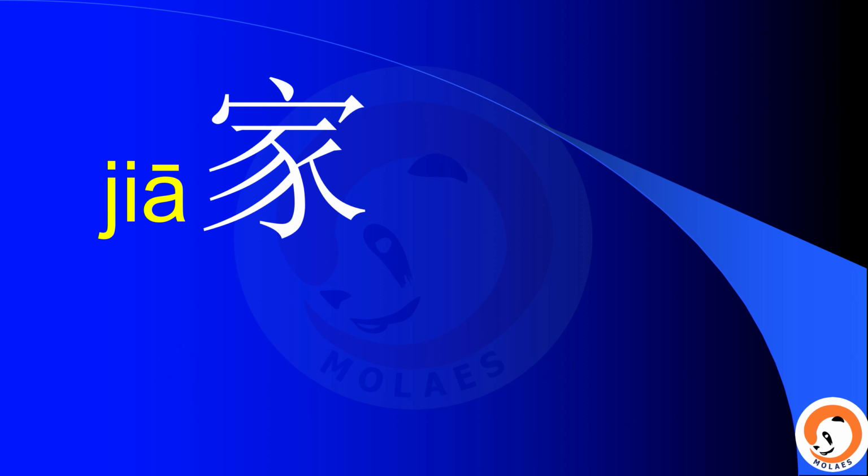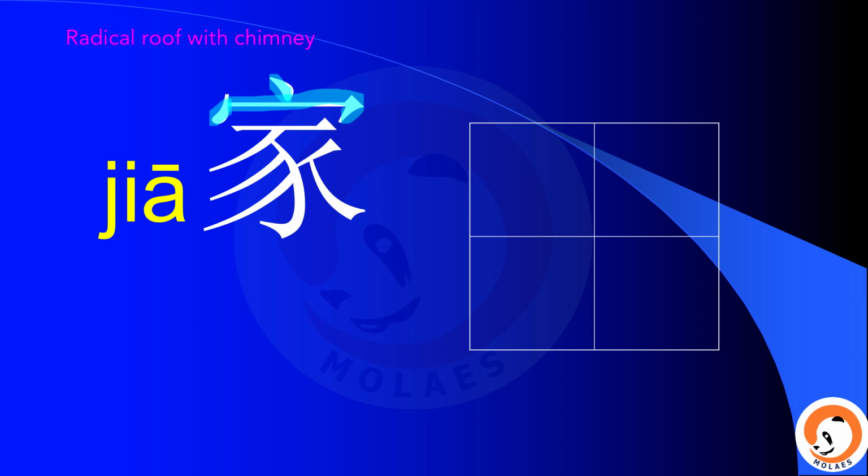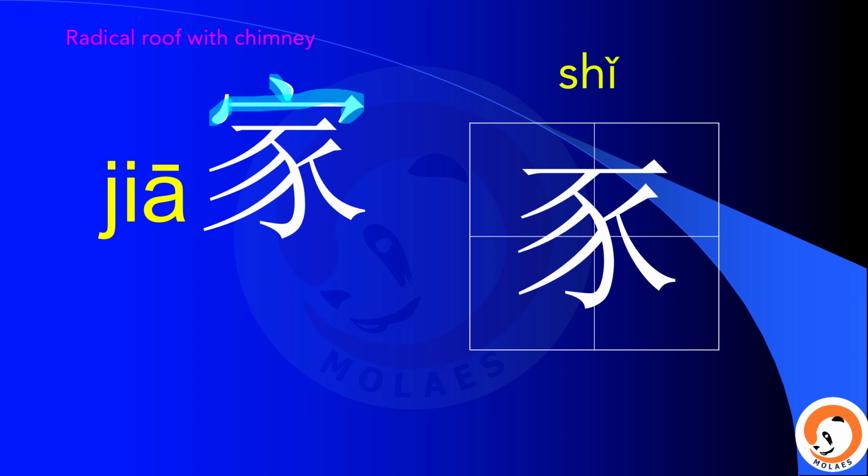The other one is 家, home or family. On this character, there are two parts. The top one is a radical of roof with chimney. And the bottom one is called 豕, pig or swine.